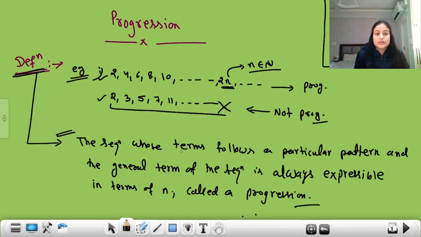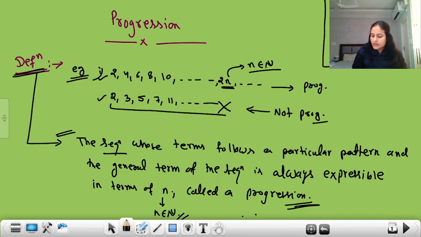Here n belongs to capital N, which stands for the set of natural numbers. So this kind of sequence is said to be a progression. Is the definition of progression clear?